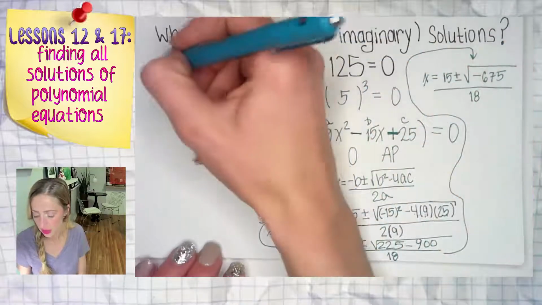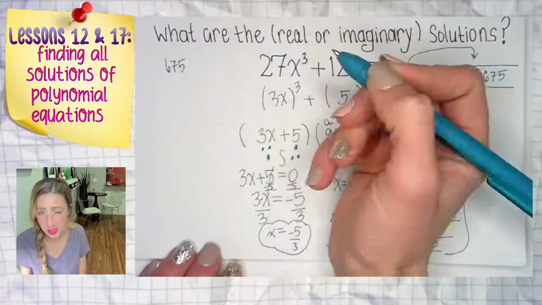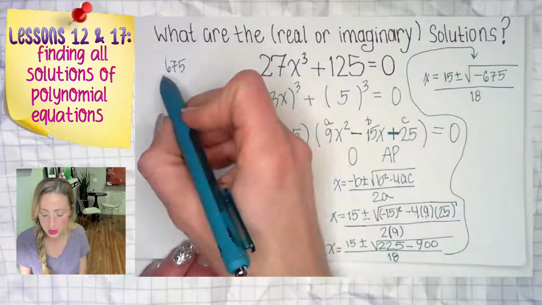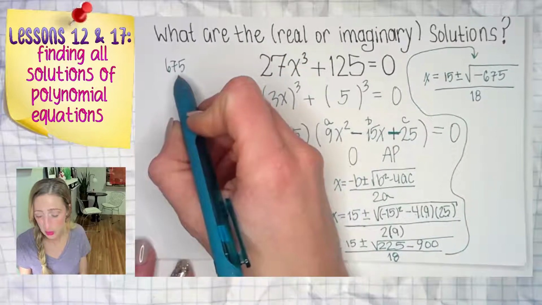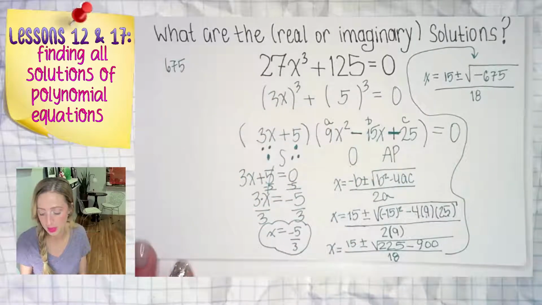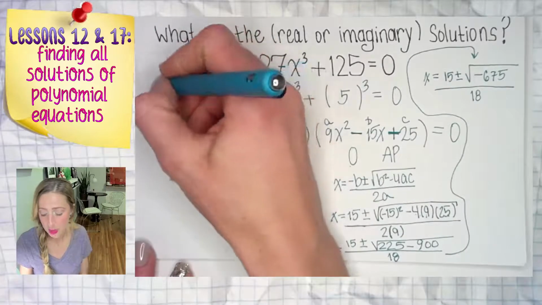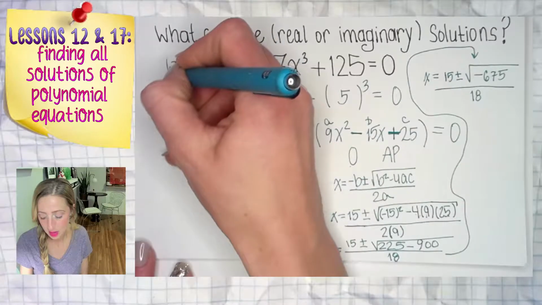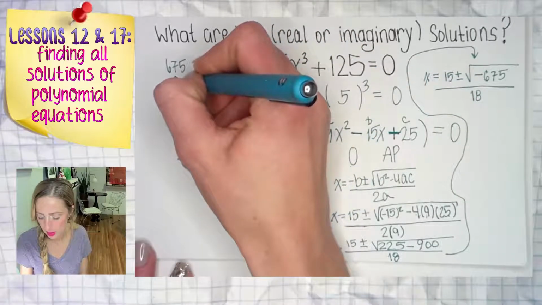So 675, I'm going to make a little factor tree with that. Looks like 25 goes in there. 25 goes into 100 4 times. So 25 goes into 600 6 times 4, or 24 times, and then 1, 2, 3 more for the 75. So that's going to be 27 times 25.